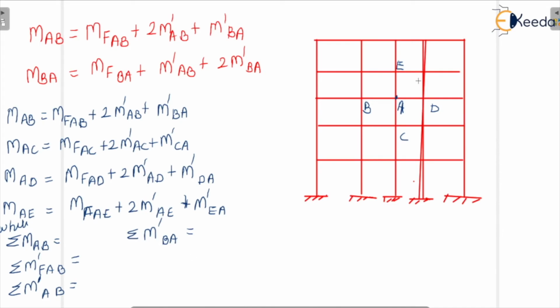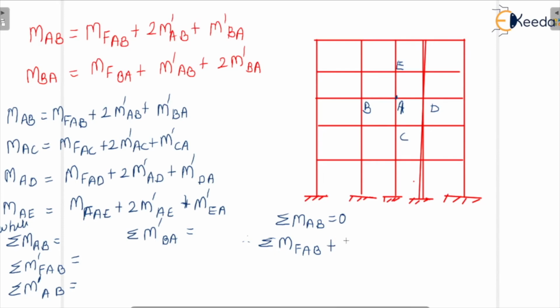From the joint equilibrium, we can write that the summation of moments at A is equal to 0. Therefore, in the summation format, we can write the similar equation.